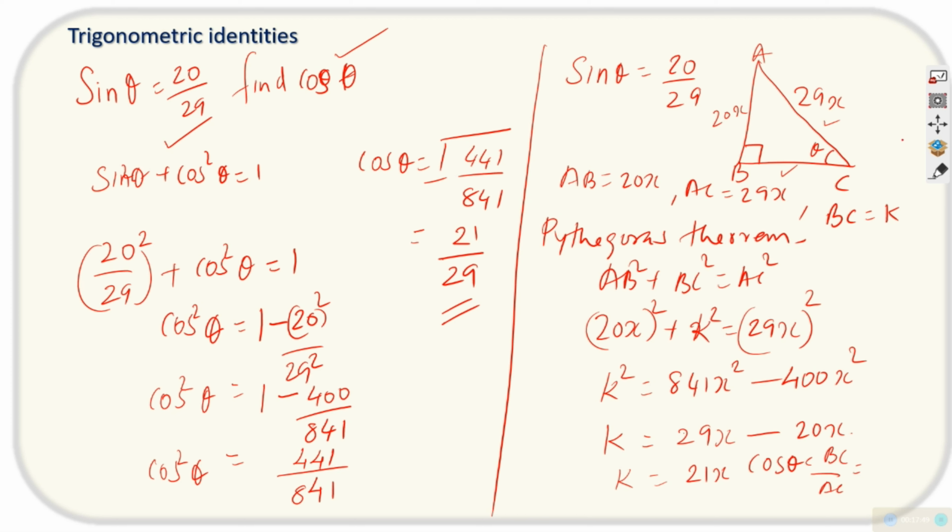Here also x. So we will write it as 21x upon 29x, which is nothing but 21 upon 29. That is exactly what we got here also.